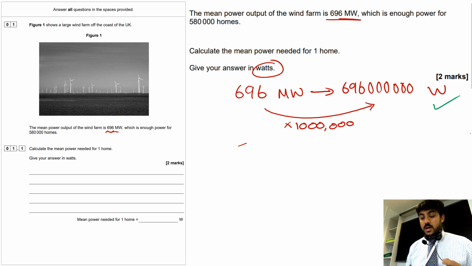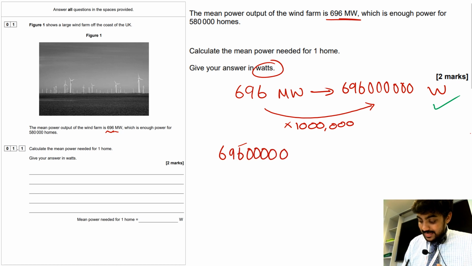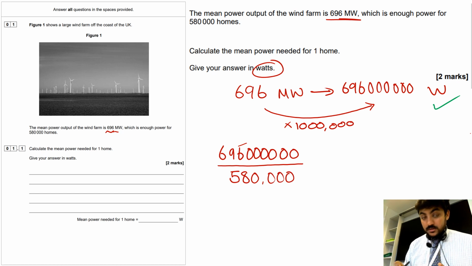The next mark comes from doing the actual calculation. For one home, you have to do 696 million divided by 580,000.